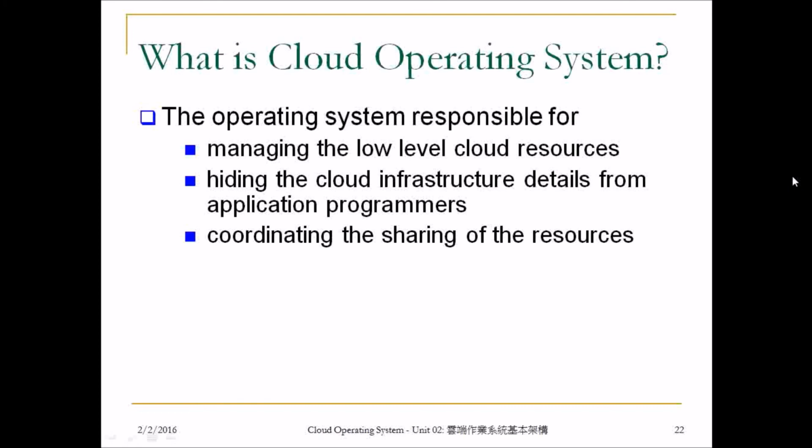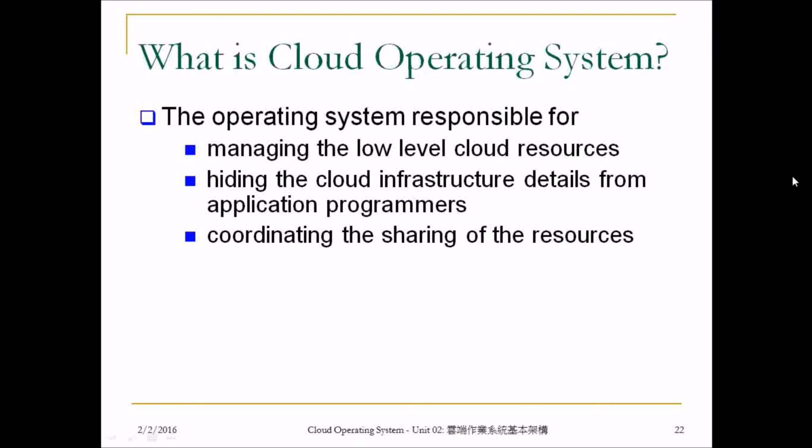What is a cloud computing system? The operating system has the responsibility to manage the low-level cloud resources, especially in the computing node. All the cloud computing resources should be merged as the computing resource pool.